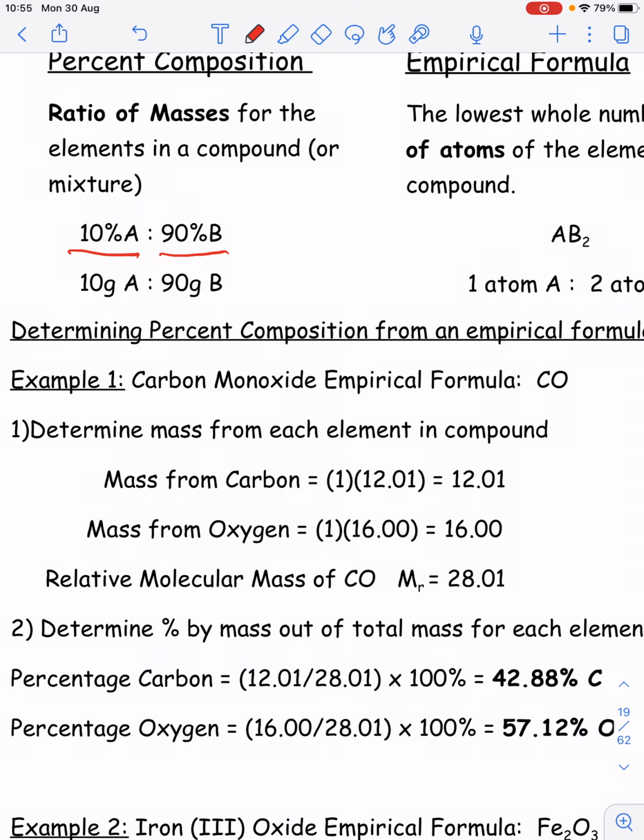And so you can translate that into actual gram amounts, 10 grams and 90 grams out of 100. You could have also written 1 gram for every 9 grams, A versus B. So when you're given a percent composition, it's giving you information about a ratio of masses for the elements in a compound.